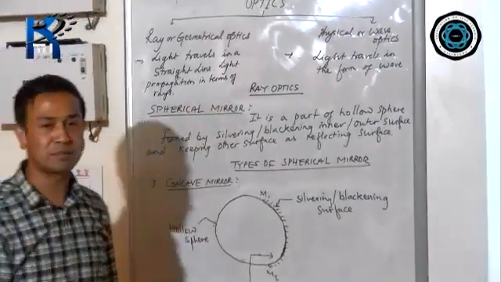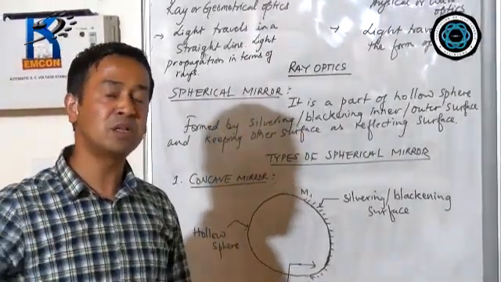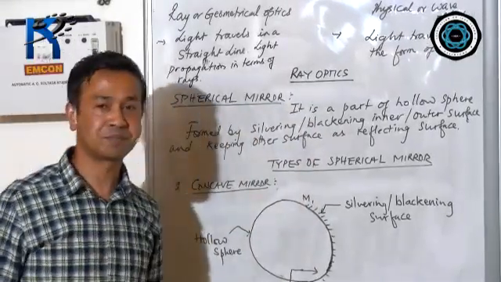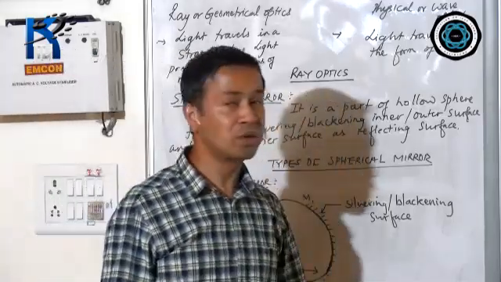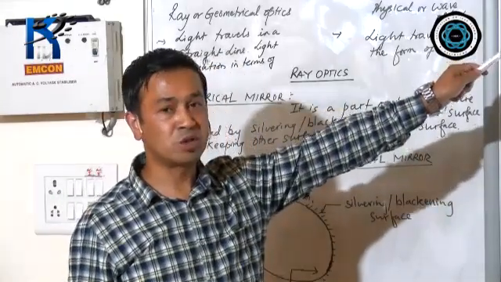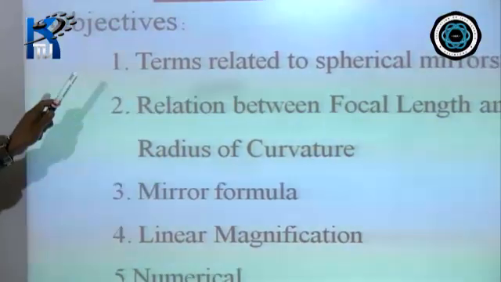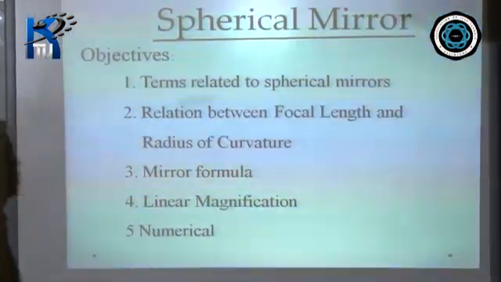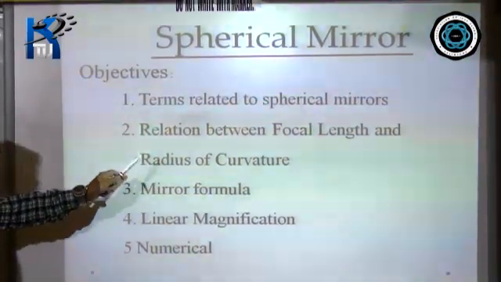Now, let me start with the ray optics. One of the first chapters that we are going to start, and this is a chapter you have learned even in lower classes also, is called spherical mirror. We are talking about the spherical mirror. So in this particular chapter, we will focus on the objectives. So what are the main objectives of spherical mirrors? In this chapter, we start with the terms related to spherical mirror, followed by the relation between focal length and the radius of curvature.